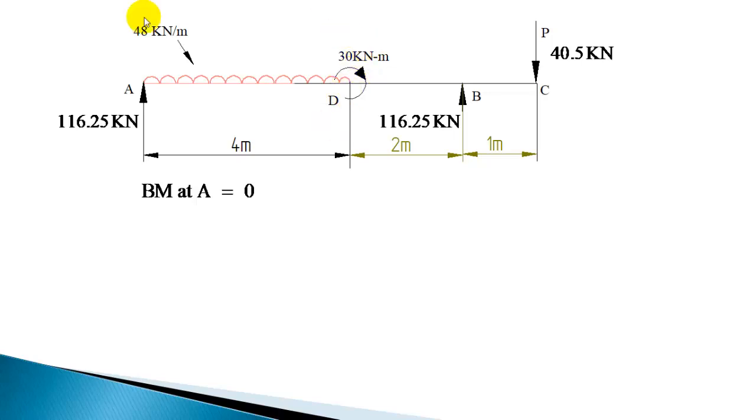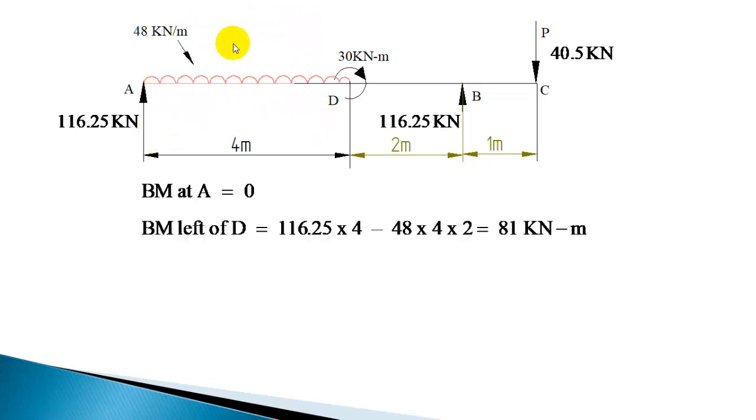So you have to calculate immediately left of D, left of D without the couple. 116.25 is producing a clockwise moment, 116.25 into 4. Now this will produce a counterclockwise moment with respect to this section. 48 into 4 is the load.